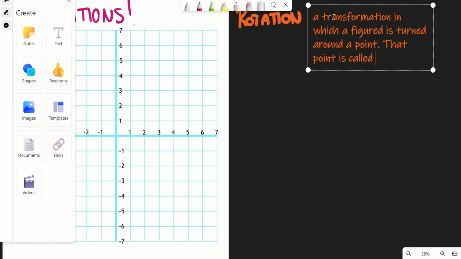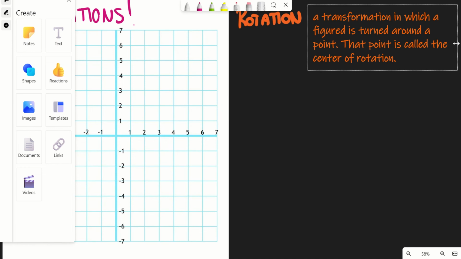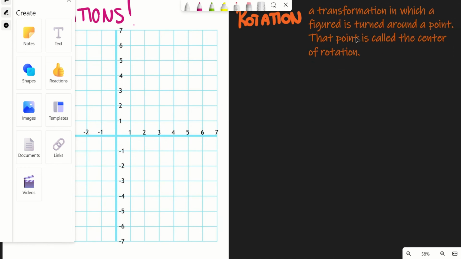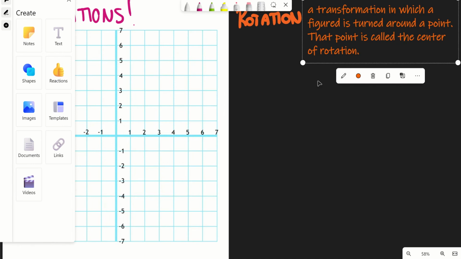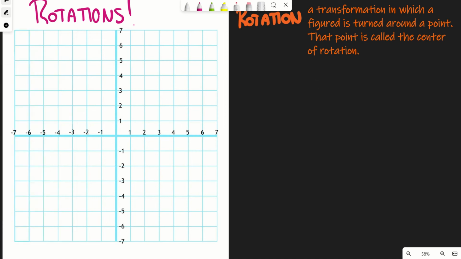That point is called the center of rotation. Okay, so this is the definition of a rotation. Turning around a point, that point is called the center of rotation.